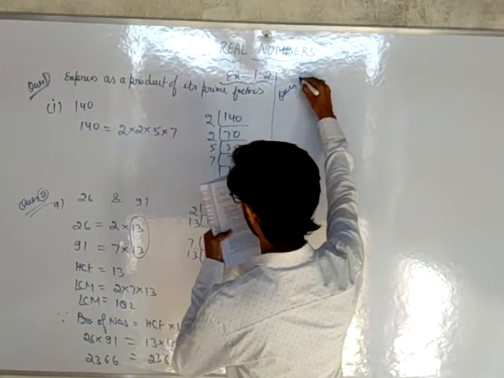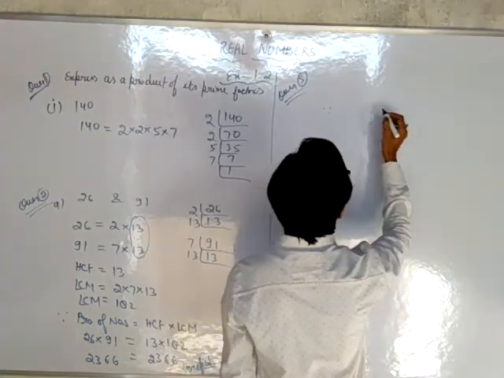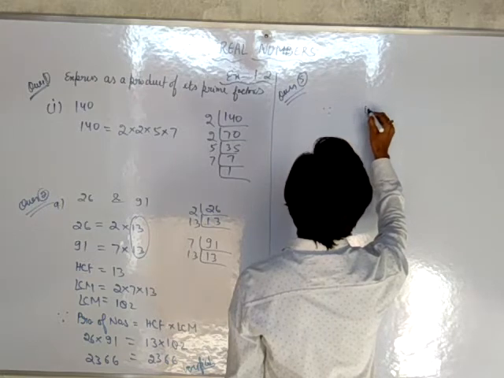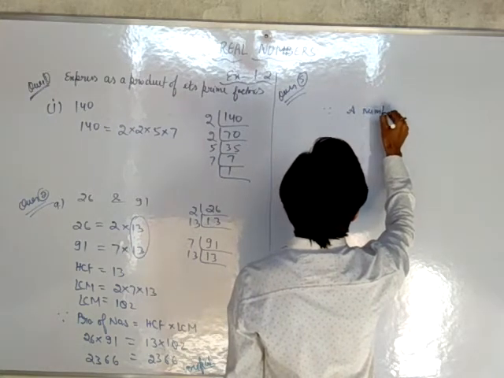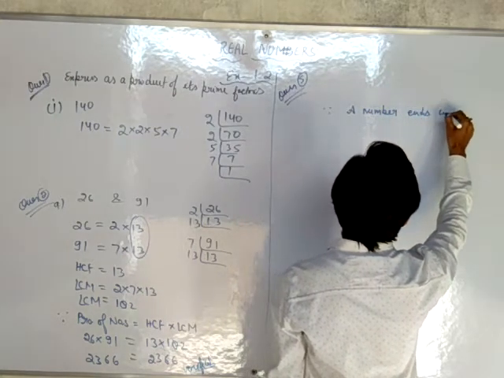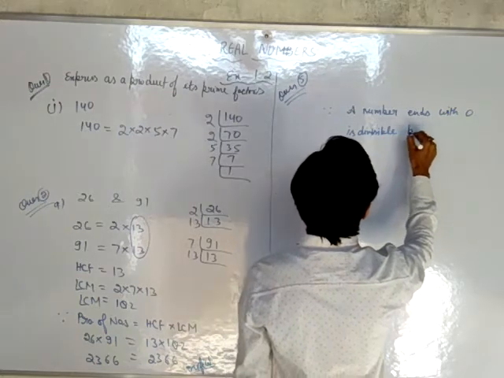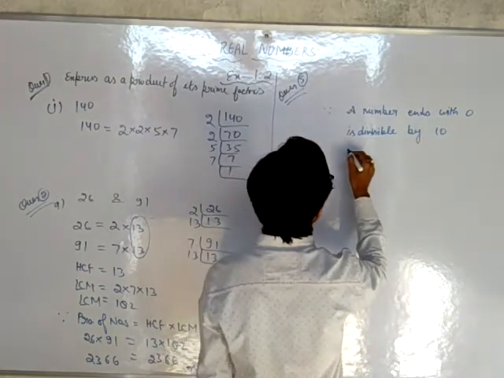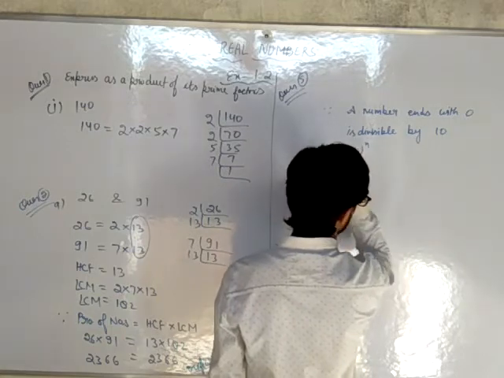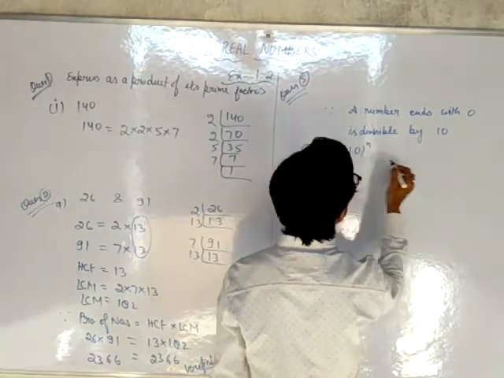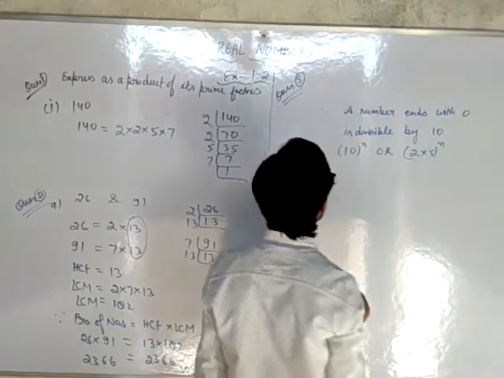Since a number that ends with 0 is divisible by 10, that is, 10 to the power n, or 2 into 5 to the power n.